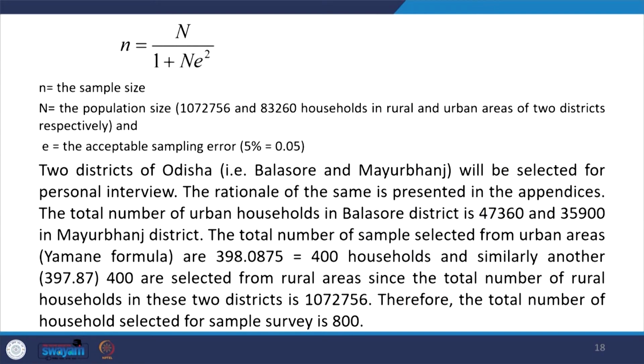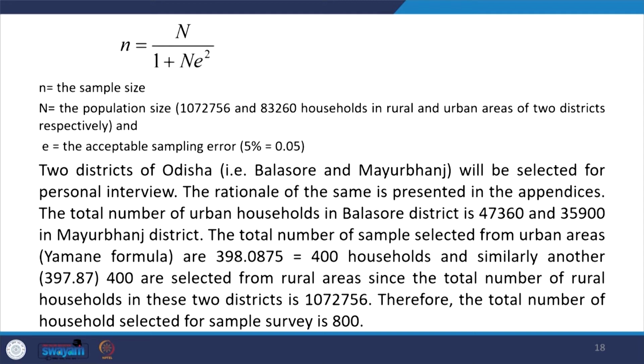Like I will point out in this example, suppose capital N, the population size, is 10 lakh 72,756 and 83 in 1,286 households in rural and urban areas in 2 districts respectively. E is the acceptable sampling error of 5%, that is 0.05.